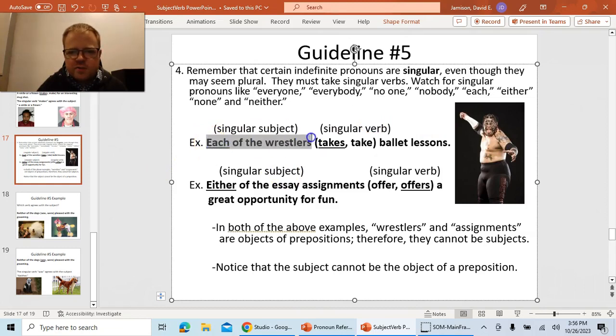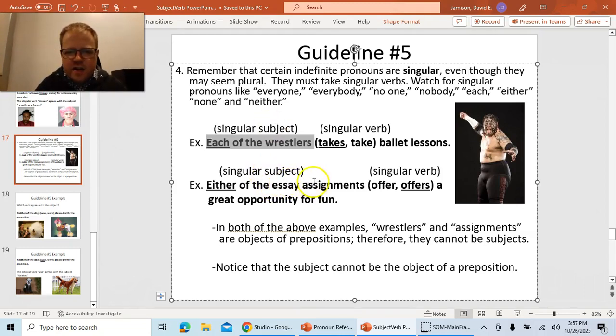Each of the wrestlers takes ballet lessons. In this case, because we put the word each here, we're taking wrestlers, which is plural, dividing it up into singular, and we're using the word takes. It would be the same as saying the wrestler takes ballet lessons.